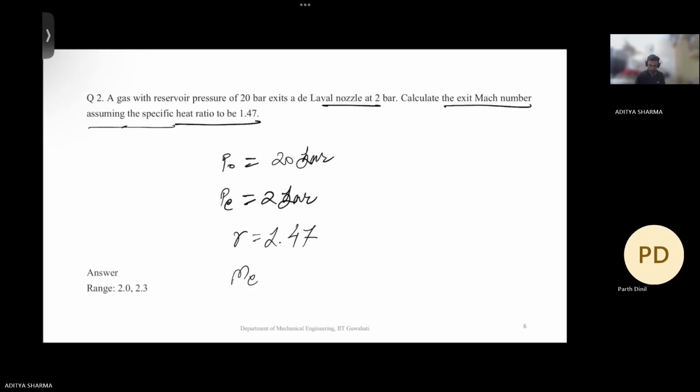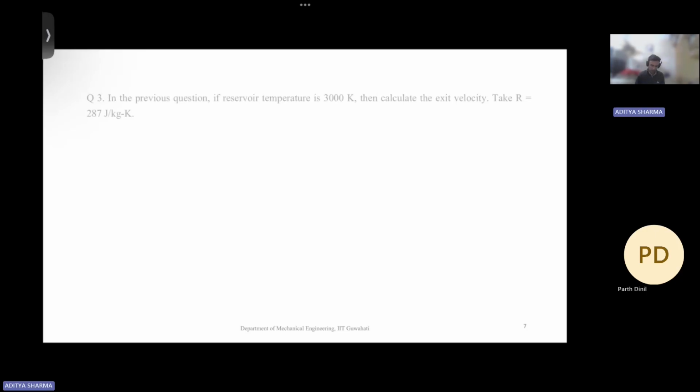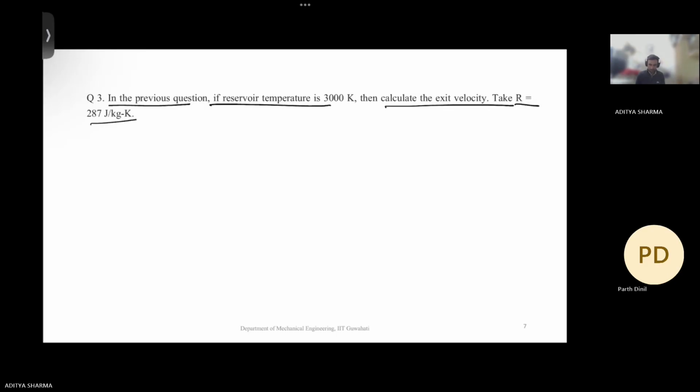All right. So then next question we have. In the previous question, if the reservoir temperature is 3000 Kelvin, then calculate the exit velocity. T naught is given as 3000 Kelvin.